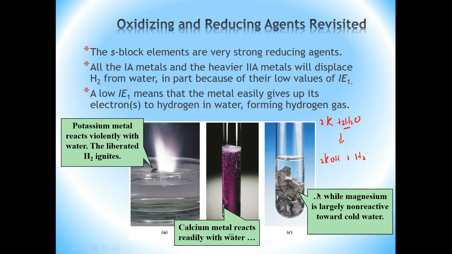So that's basically what happens when we have these metals to the extreme left in the S block region. They tend to be very strongly reducing. And as you go down the group, the reducing strength increases. So that's the reason why, for example, if you compare potassium to sodium, potassium will react faster compared to sodium because potassium is below sodium in group 1A.